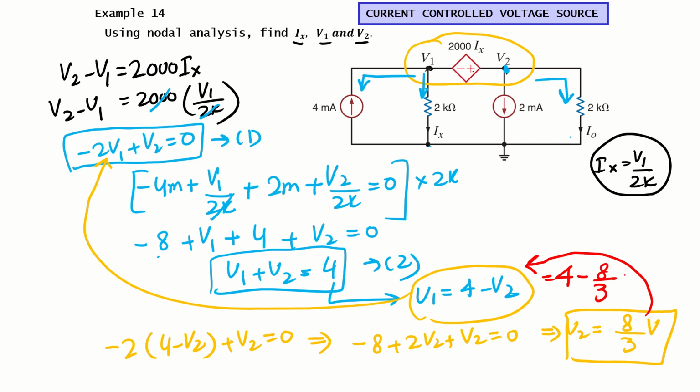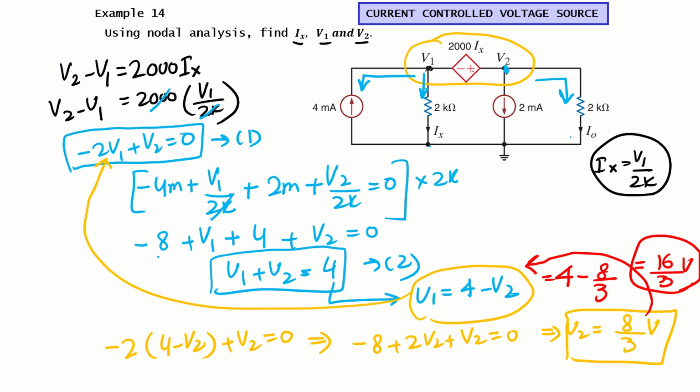So 4 minus 8 over 3 is 12 minus 8 over 3, which is 16 over 3 volts. Hold on, 4 is 12 over 3, so this is the value of V1 here, 16 over 3.